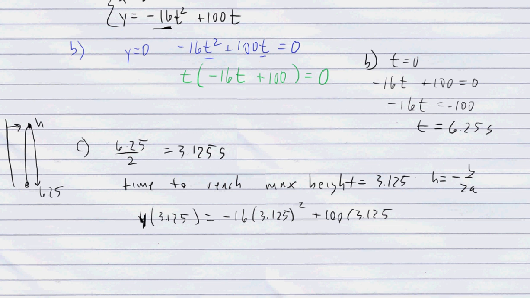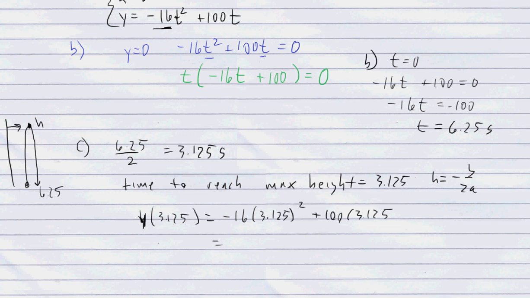Okay, well, 3.125 times negative 16, that's convenient, that's 3.125 squared, isn't it?